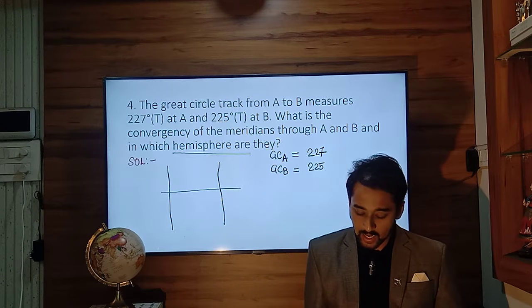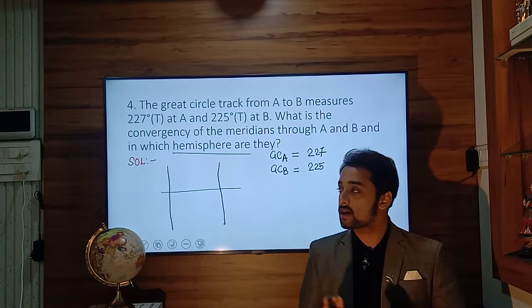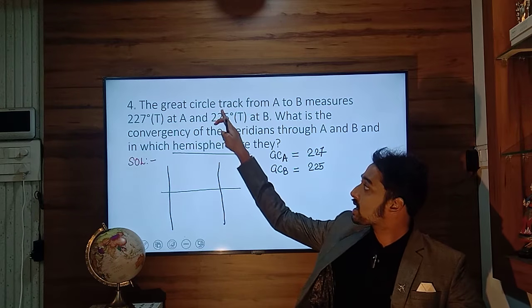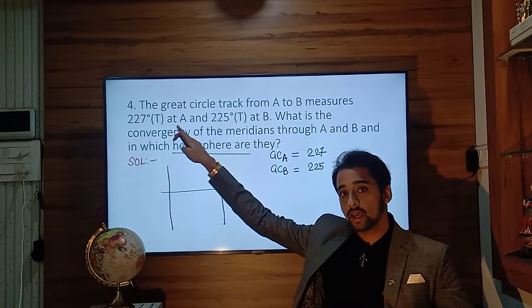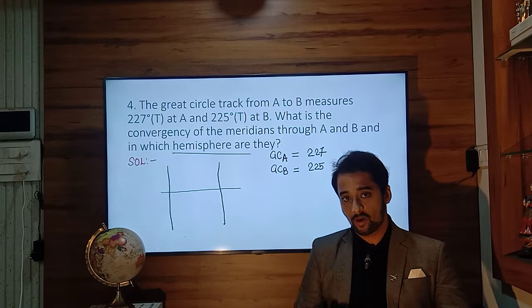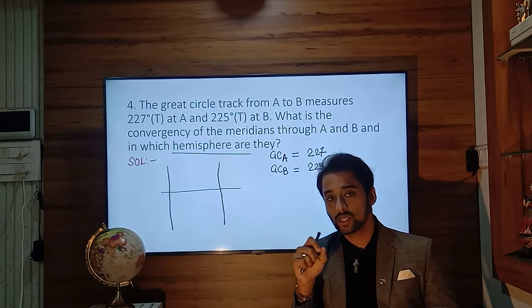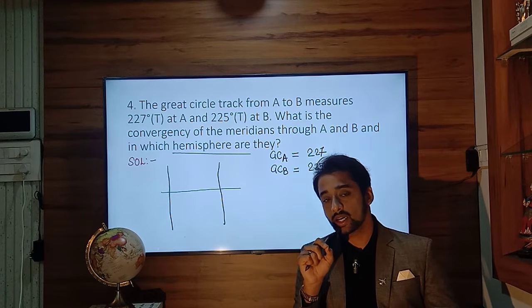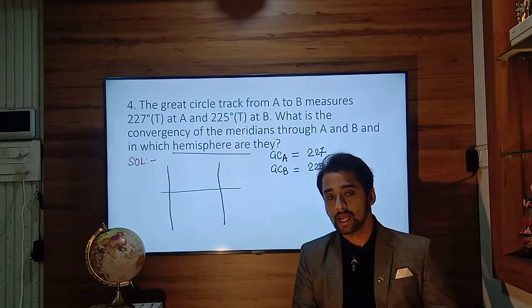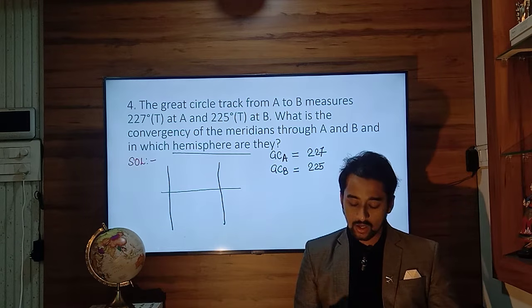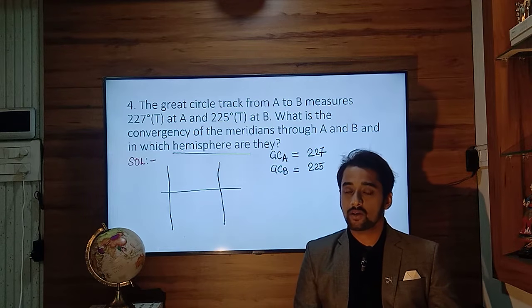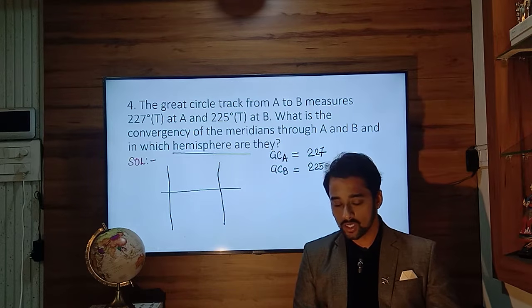Whenever in exam they give a question like this, the great circle track at A is 227, and at B is 225. We have to write it like this, and the difference between these values will be the convergency.